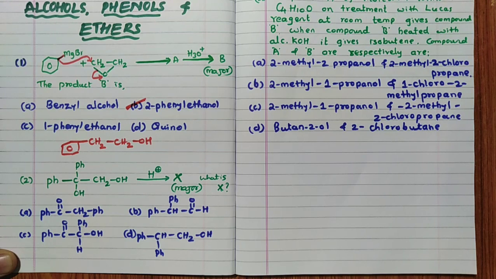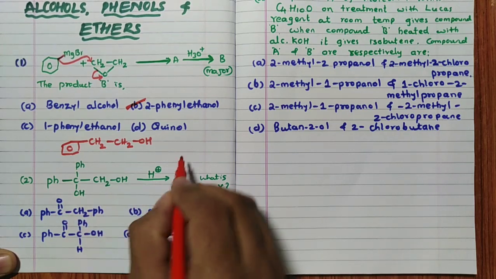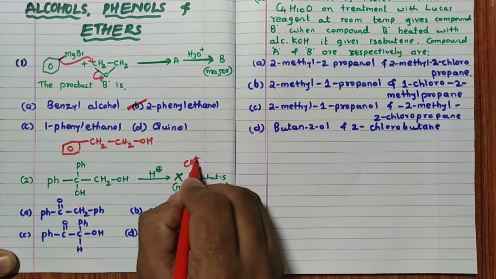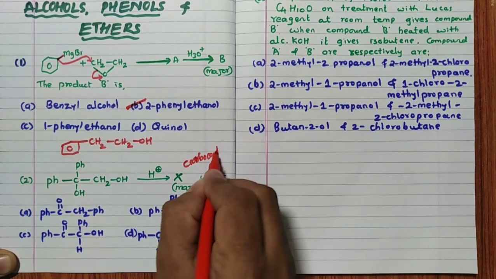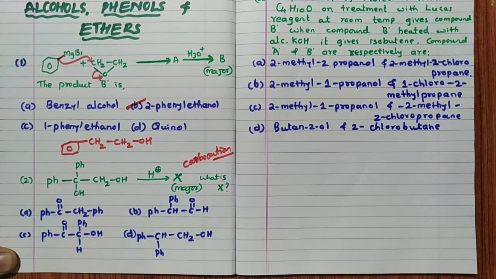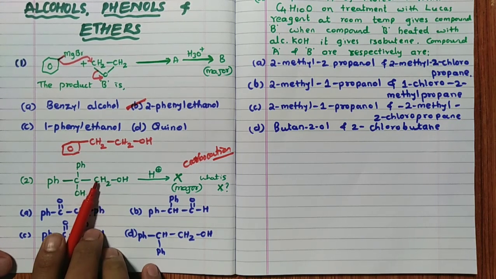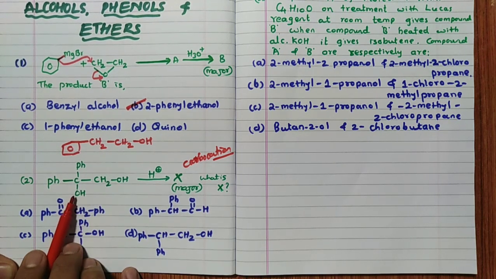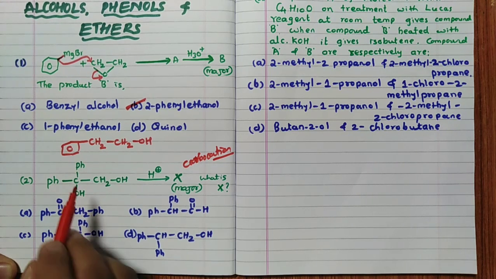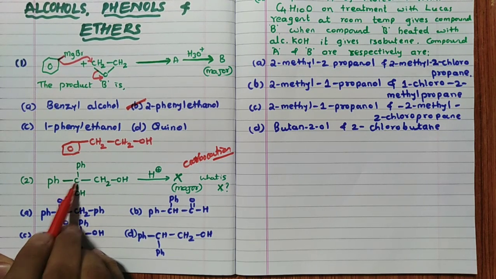Here, Ph-CH(OH)-CH2OH with H plus. Once again the reaction passes through a carbocation mechanism, and the more stable carbocation is favored. The carbocation attached to a carbon where there is resonance is more stable. Because of that, instead of removing this OH, we remove this OH, so that the carbocation formed on this carbon is more stable.